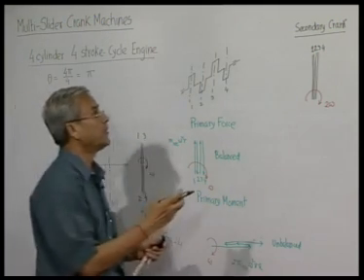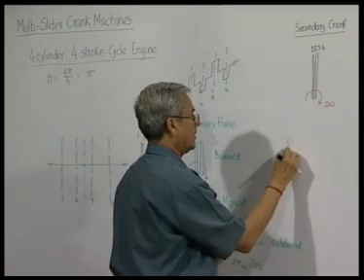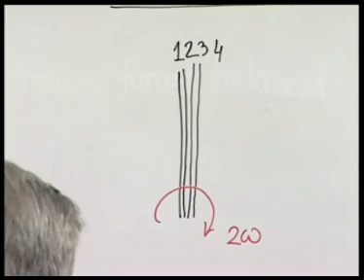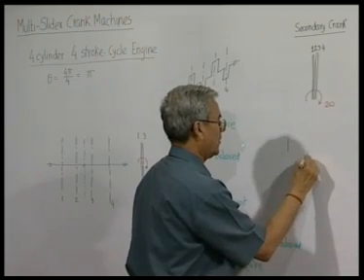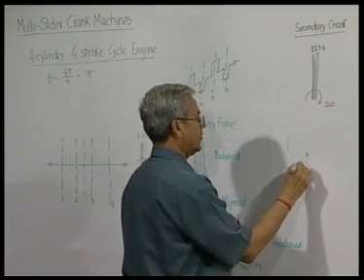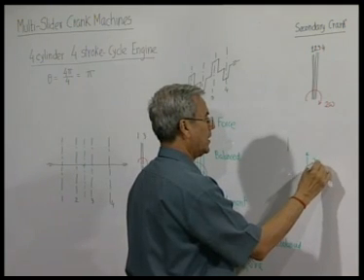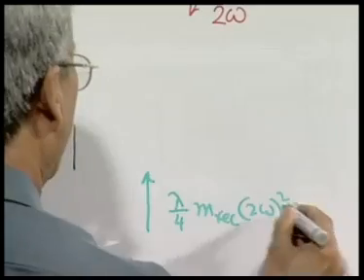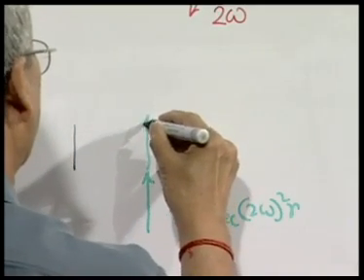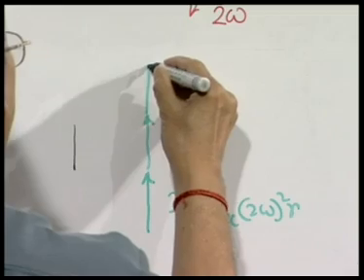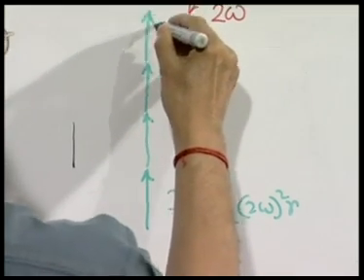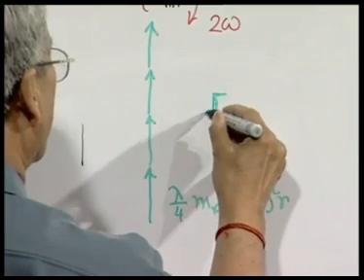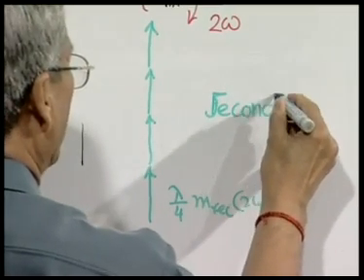So, the forces will be this by the first cylinder, which will be lambda by 4 m reciprocating 2 omega square r, for the second cylinder in this direction, third cylinder in this direction, fourth cylinder in this direction. So, primary forces or secondary forces are unbalanced.